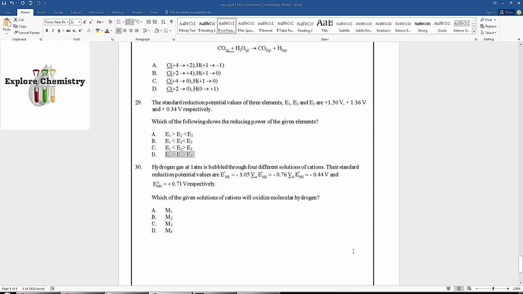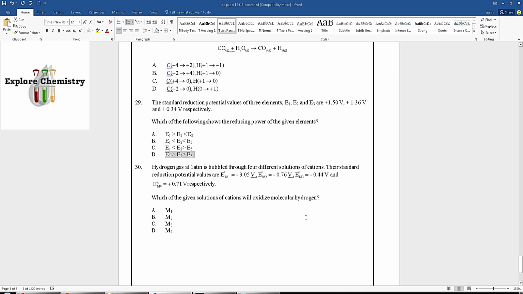Now number 30, hydrogen gas at 1 atmosphere is bubbled through 4 different solutions of cations. Their standard reduction potential values are given. Which of the given solution of cations will oxidize molecular hydrogen? Hydrogen reduction potential is 0. So the species having higher reduction potential can oxidize hydrogen.